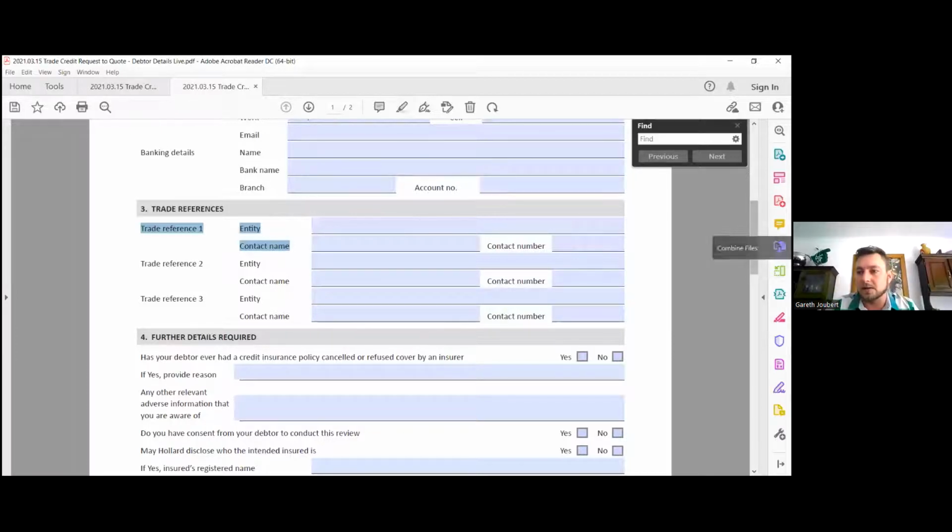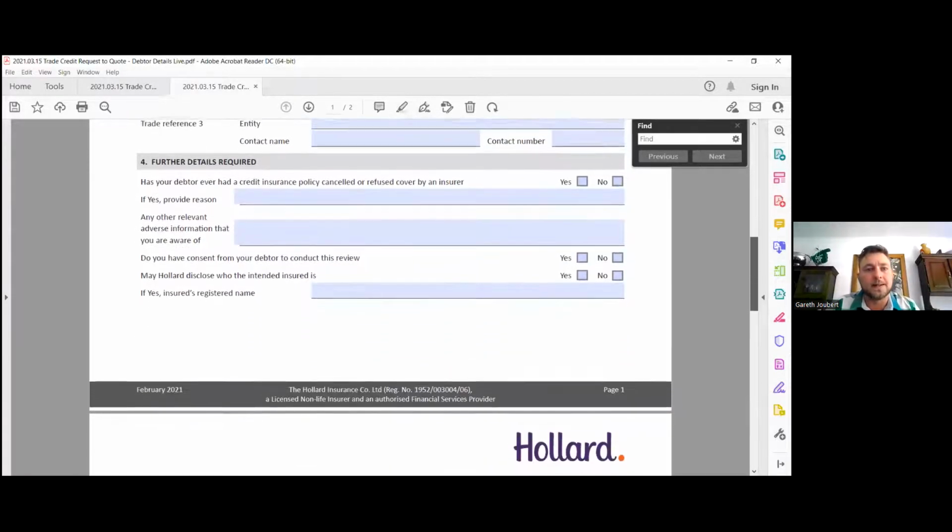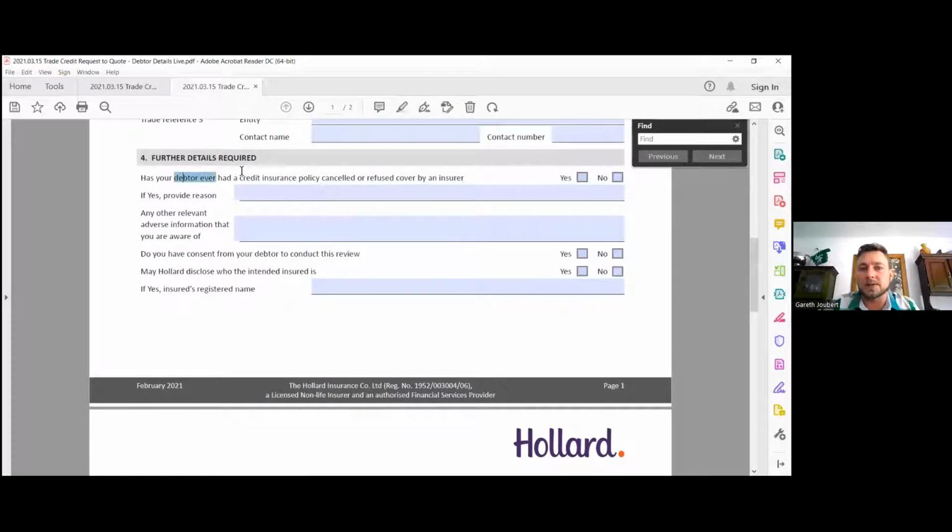The next section obviously just asks, has that debtor ever been rejected for cover? Your policy holder or your client may have a policy with Credit Guarantee. At this stage, Credit Guarantee has withdrawn cover on a particular buyer, and now you're needing single risk cover from us. So we would like to know that.